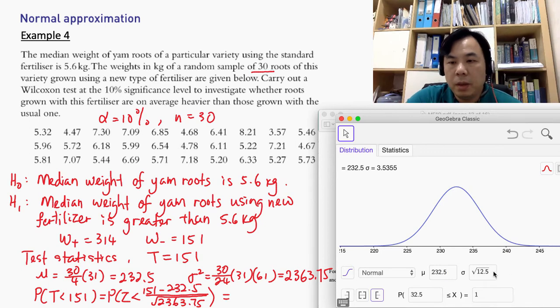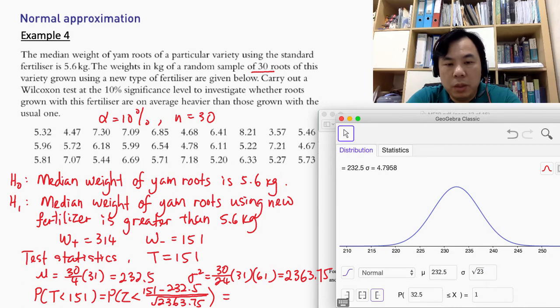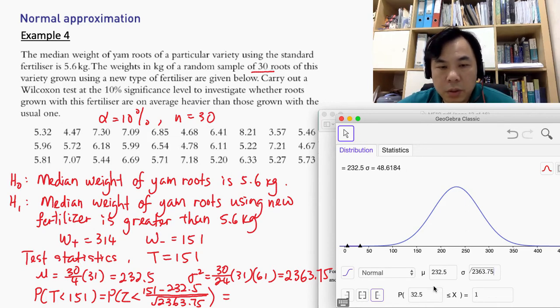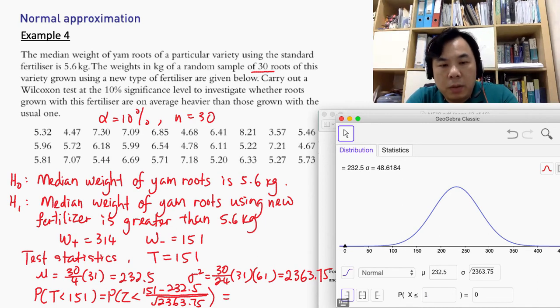The standard deviation is the square root of 2363.75. And I'm interested in anything on the left-hand side, anything less than 151.